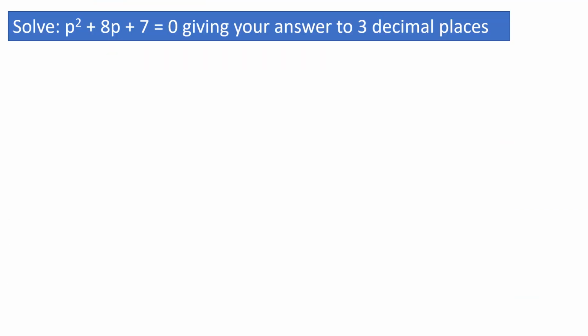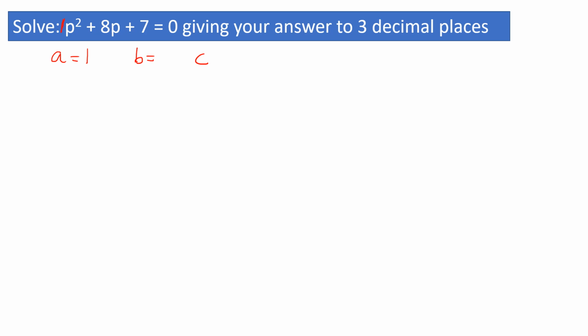Our first example, p squared plus 8p plus 7 equals 0. First, I like to identify my a, my b, and my c values. We take the coefficient of p squared, which is 1.